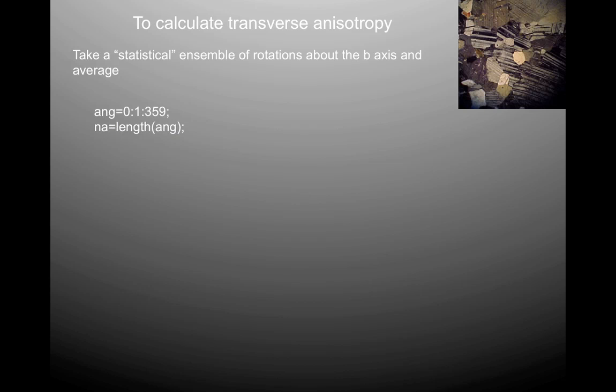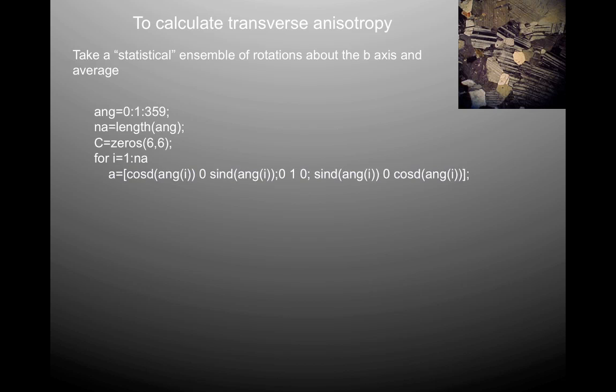Now the length of this vector I can obtain with that command. I can set up an elastic constants matrix by saying zeros of 6, 6, so that's 6 deep and 6 wide. Now we simply loop over all of our angles of rotation.